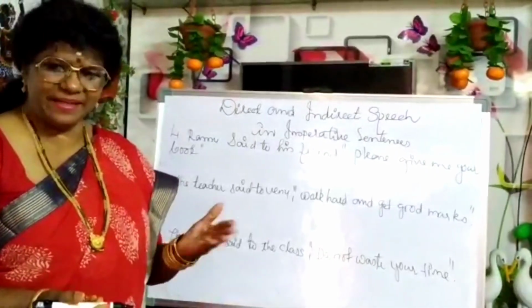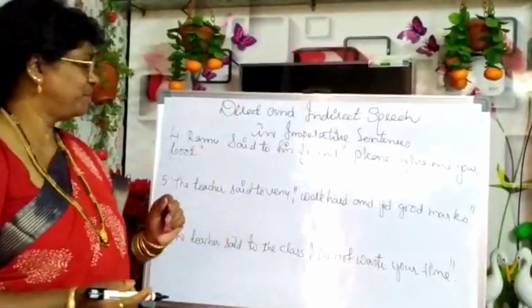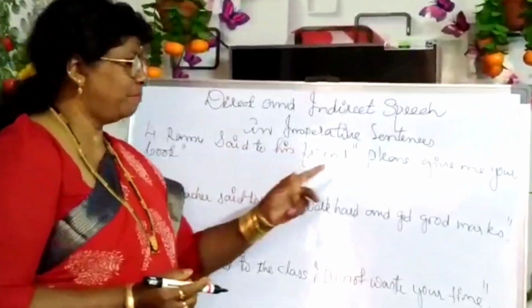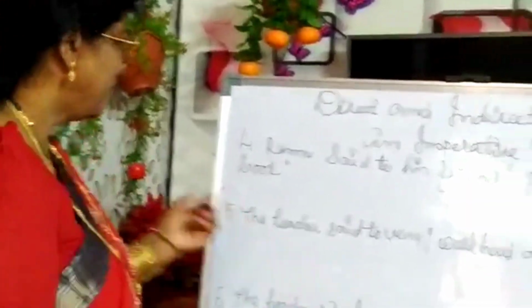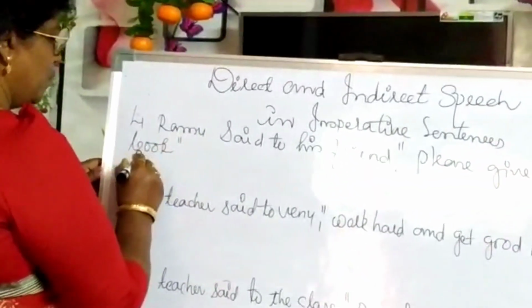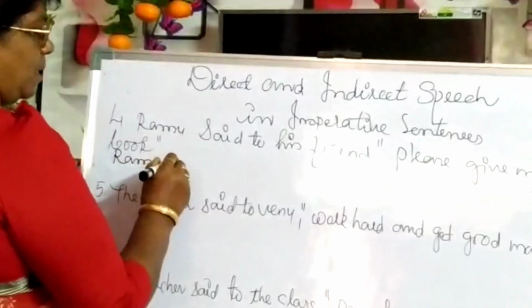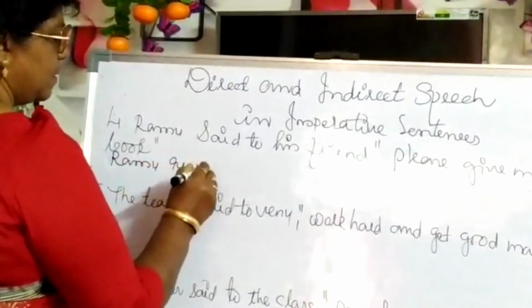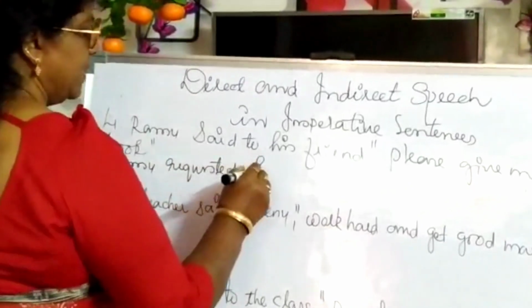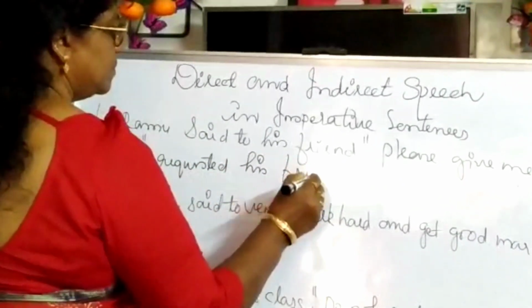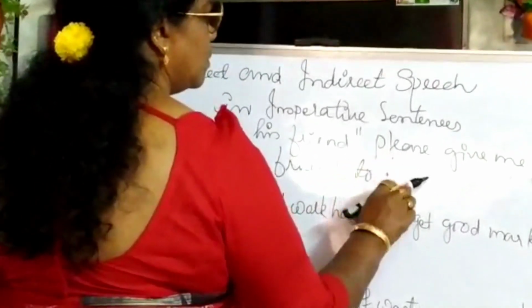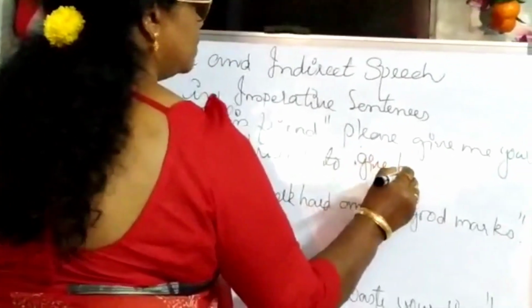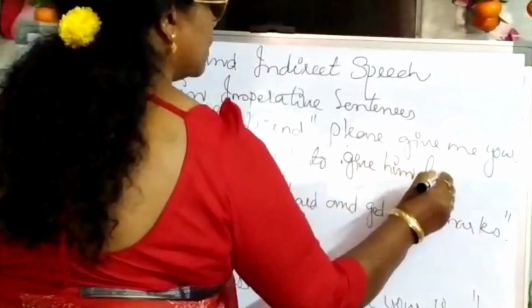Let us go through further examples. Ramu said to his friend, "Please give me your book." What kind of sentence is this? Imperative, and the form is a requesting way of asking. So we can change it: Ramu requested his friend to give him his book.